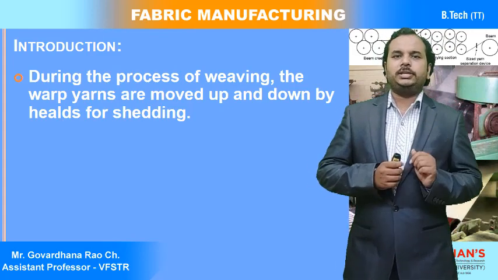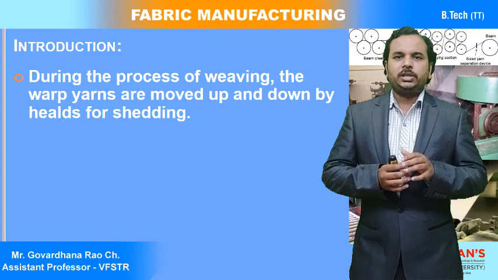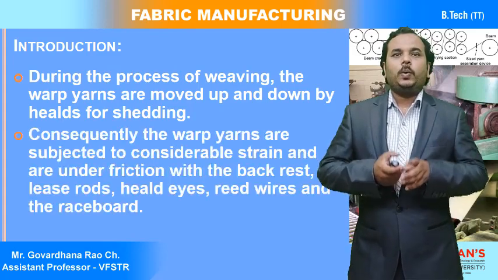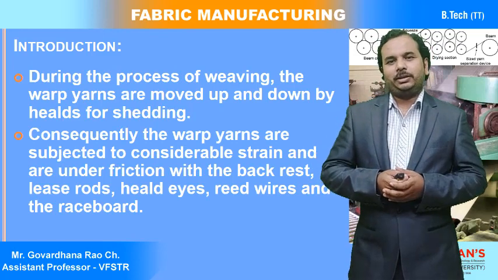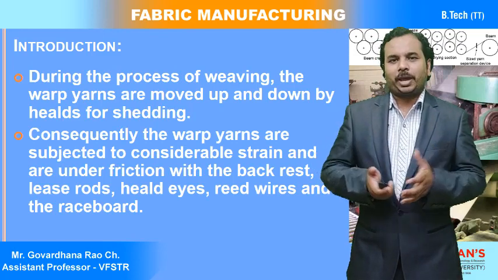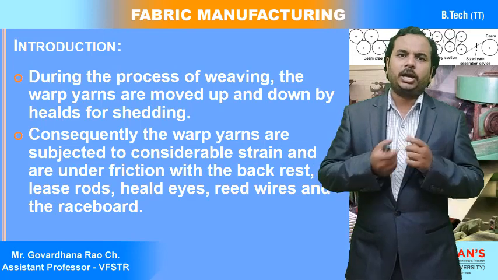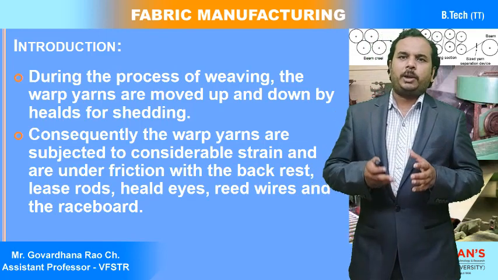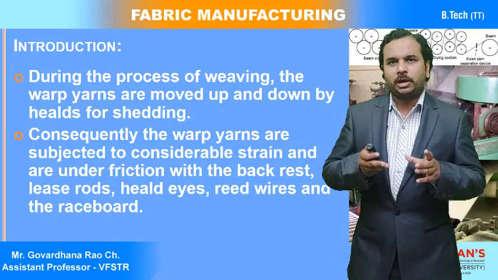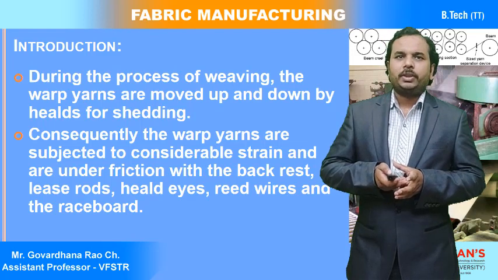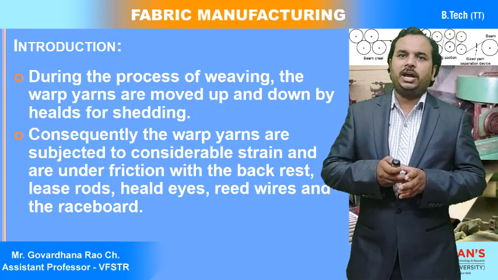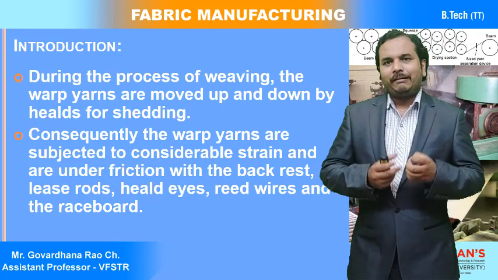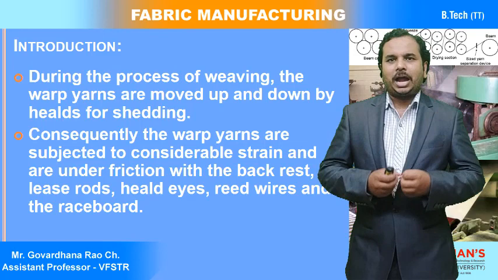Now what is happening is, while moving the warp threads up and down, there are so many forces applied by the mechanisms or by some mechanical parts, as you can see here. Consequently, the warp yarns are subjected to considerable strain and are under friction with the backrest, lease rods, heald eyes, reed wires and the race board.